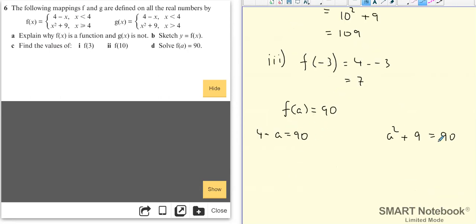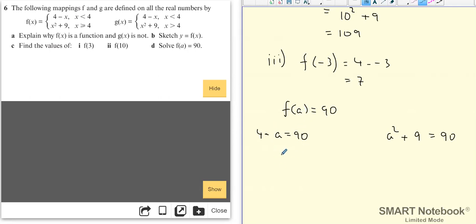Do these 2 equations make sense? Can you please tell me in the chat? Are you happy why I changed it from x to a? Because our input is now a, we replace the x with a.